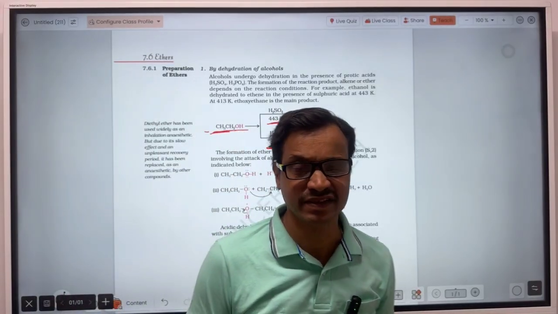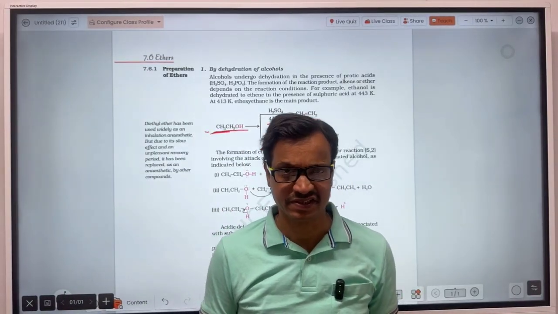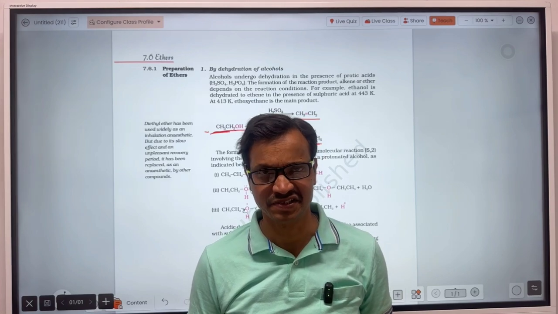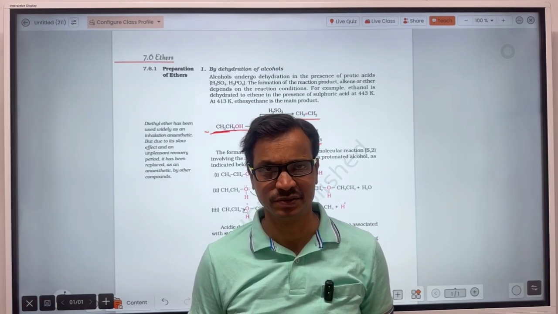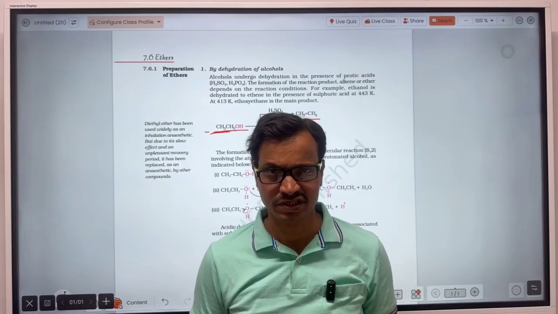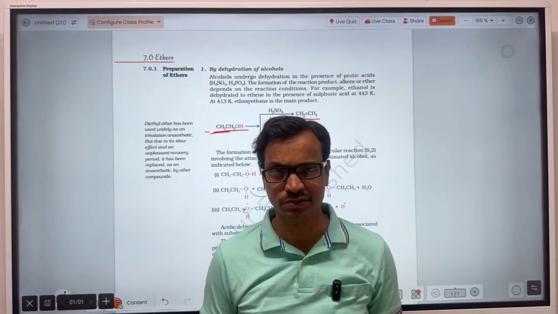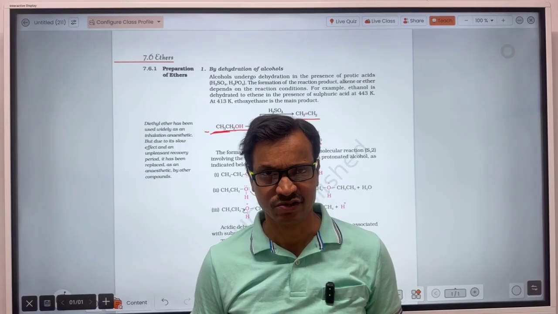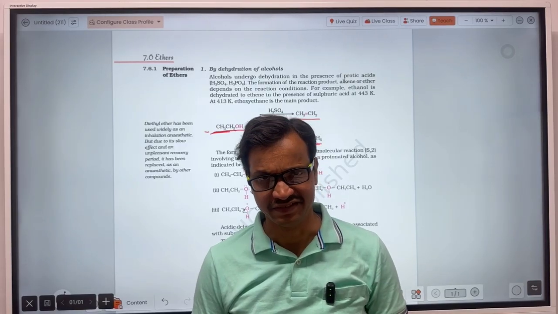So when alcohol is treated with dilute H2SO4, at lower temperature it will convert into ether, and at higher temperature it will convert into alkene.